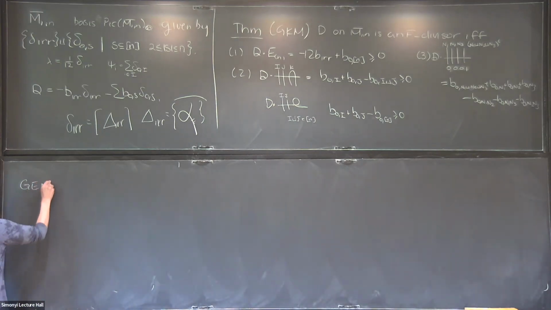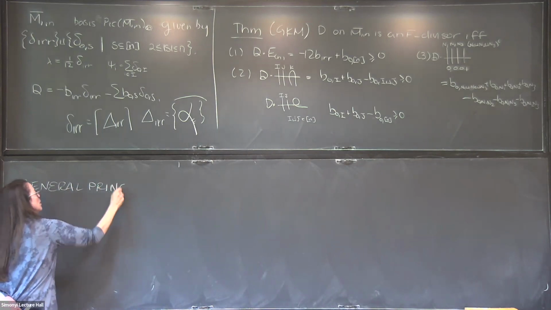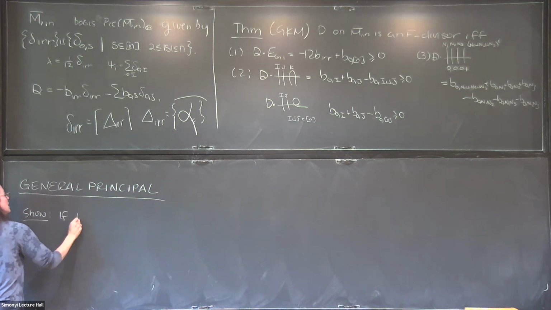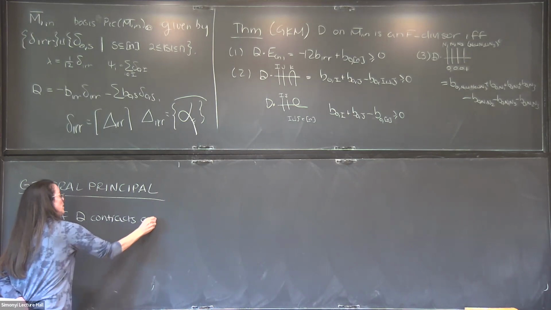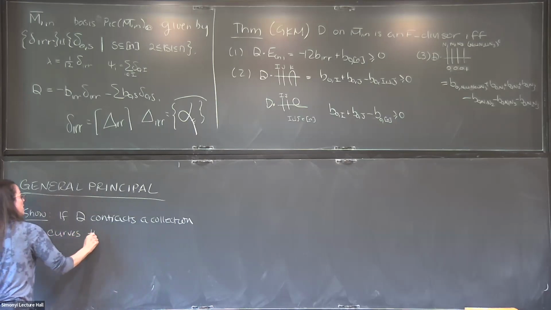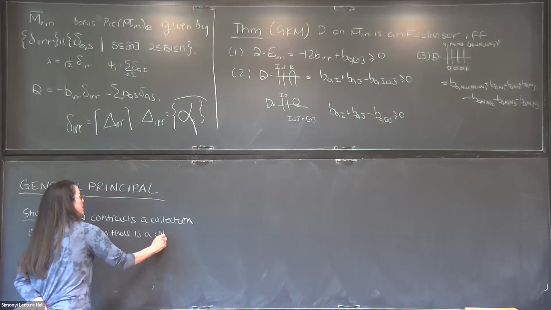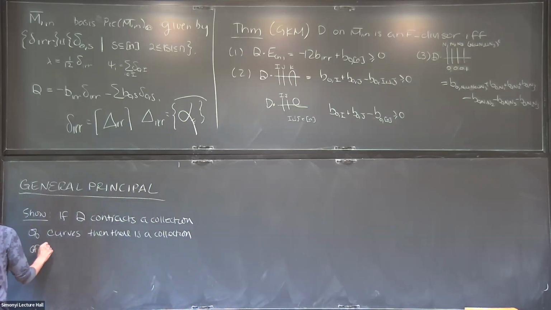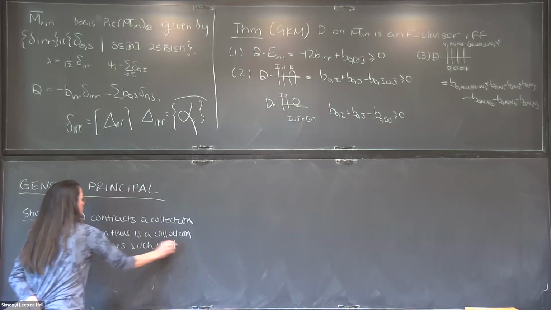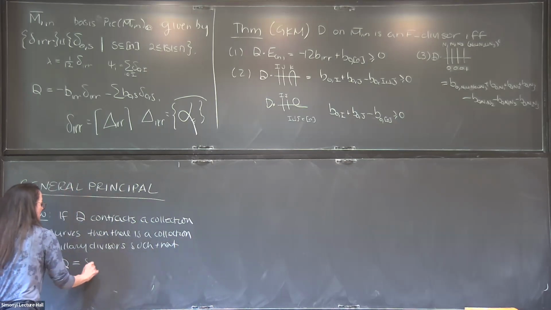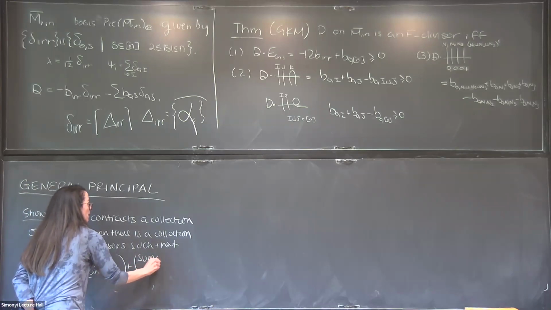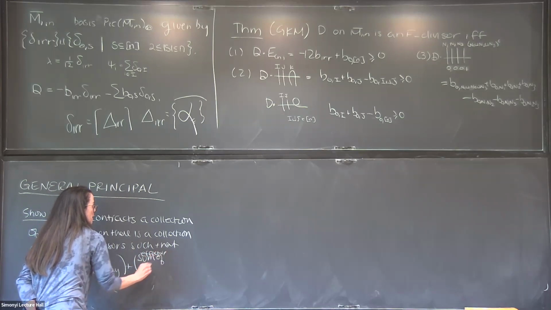So the general principle, and I'll give an example, is to show that if D contracts a collection of curves, then there is a collection of ancillary divisors such that D is the sum of ancillary divisors plus an effective sum of boundary divisors.